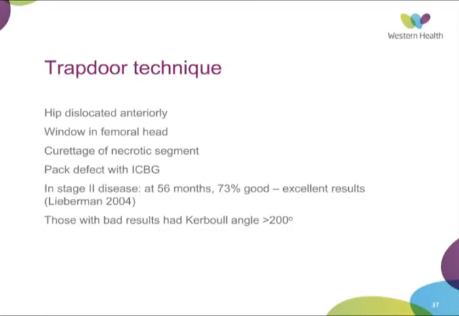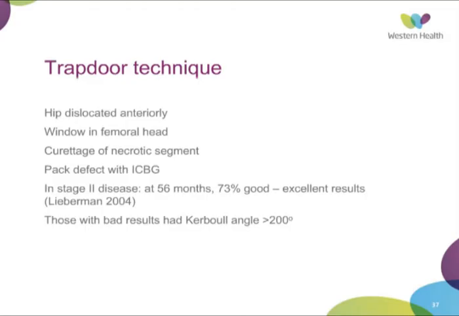Lieberman, who again is a predominant name in avascular necrosis, did quite a few of these trapdoor techniques on a series of, I think, about 80 patients. At almost 5 years, he reports good to excellent results in almost 75% of his patients. Of note in this study, he had poorer results in those with a higher Kerboul angle, so again, that 200 degrees as the critical value, as opposed to the ones that had a Kerboul angle of less than 150 degrees.